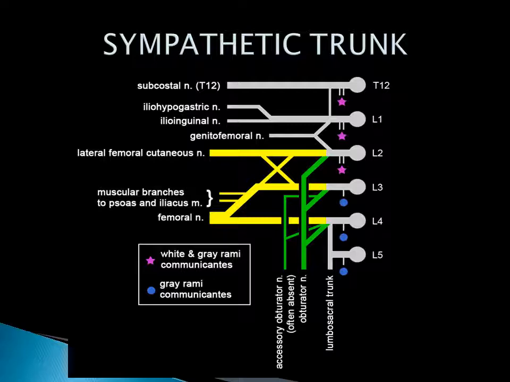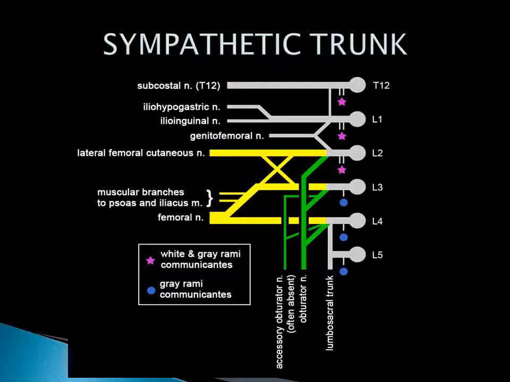So let's presume that it's at the level of L2. And let's trace the fate of one of these single autonomic motor neurons. Recall it has its cell body in the intermediolateral cell column, and this motor neuron leaves the spinal cord by way of the ventral spinal root, the ventral root.